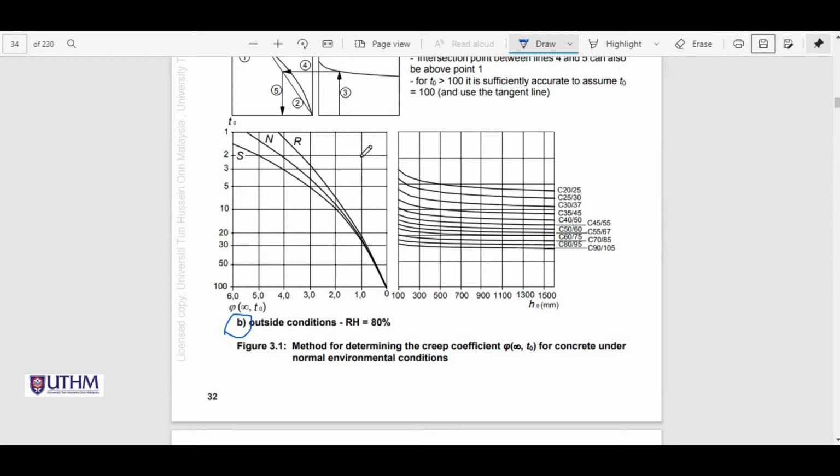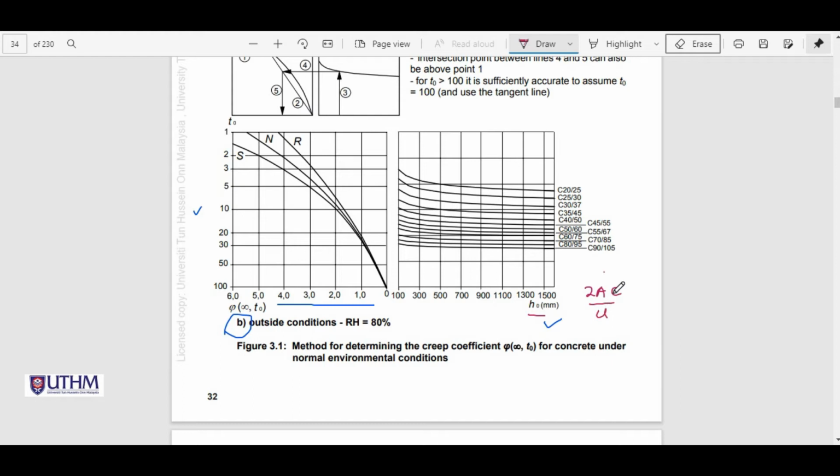First, you need to start with this right graph, then followed with this left graph, and the objective is to get the answer from this x-axis. From this graph, you need to start with this h0. This h0 is the notional size, which is equal to 2Ac divided by u.